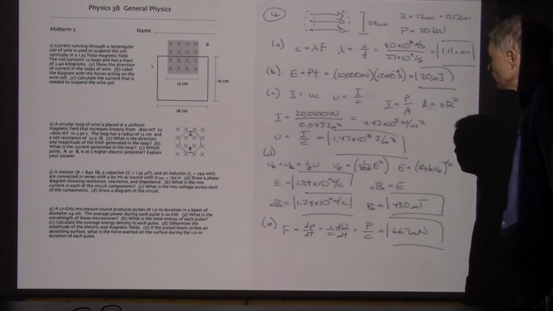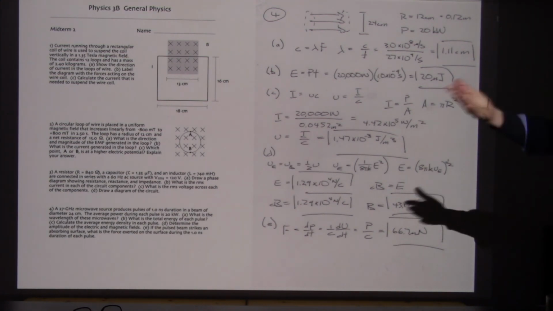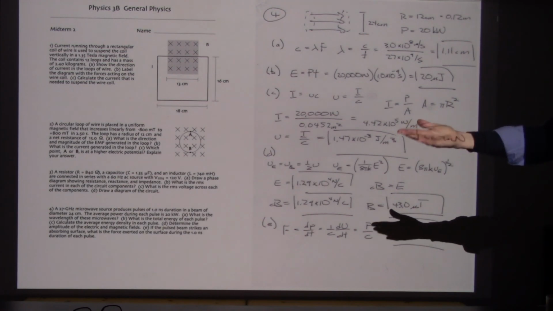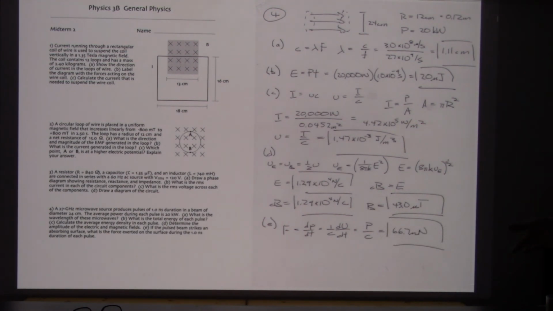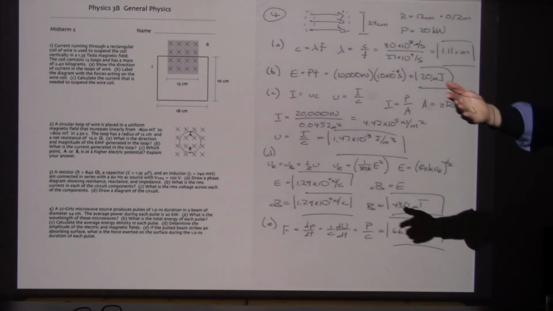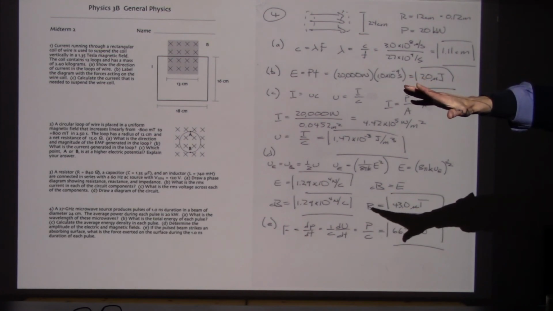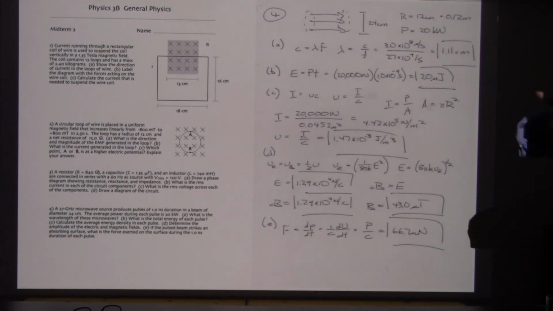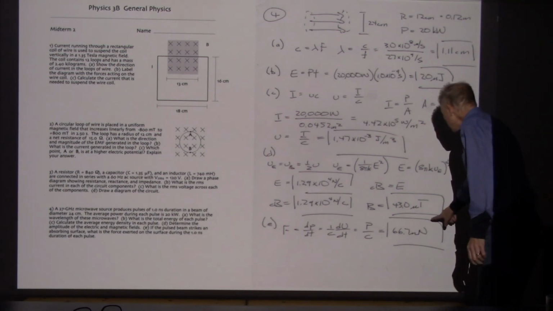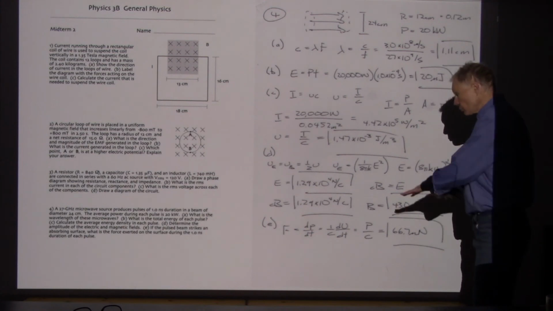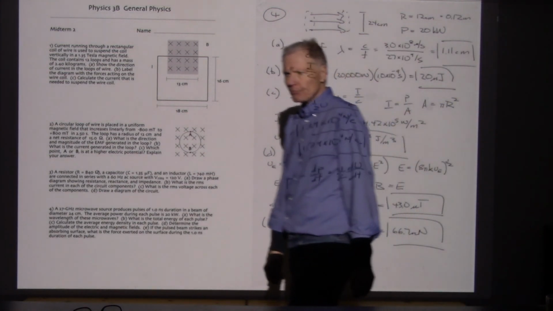If the light was reflecting off, perfectly reflecting, that would double the force, because not only would you absorb all the momentum, but the light, the electric and magnetic fields that are propagating away, would get pushed back out. That would double the force. So reflecting surfaces are going to be twice as much. This was an absorbing surface.